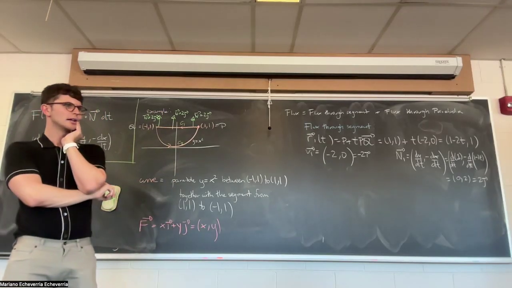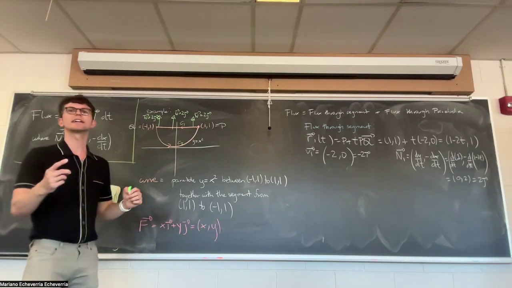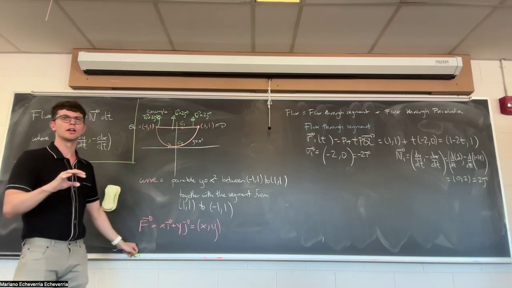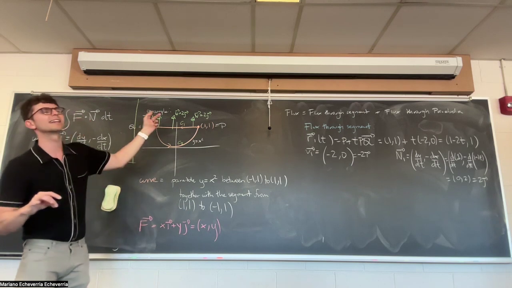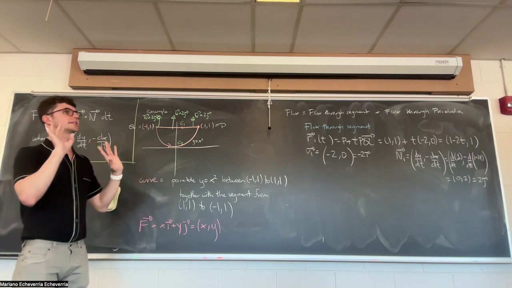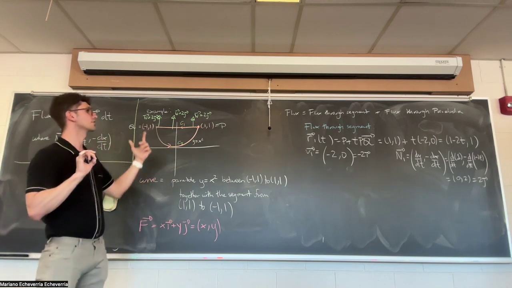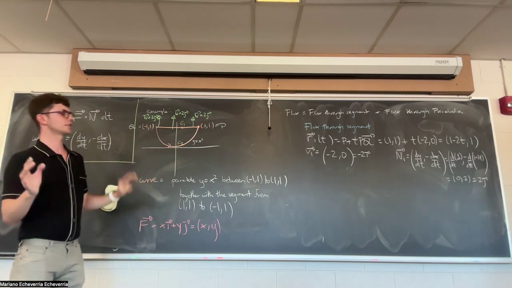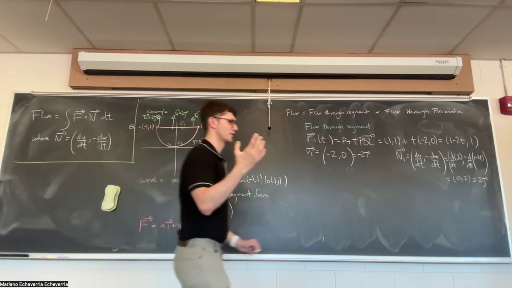Is that making sense? You see it points away from the region enclosed by the curve, and that's why it's sometimes called outward flux, because the normal vector points away from the region. But since this is the only one we'll compute, I'll just call it flux in general.